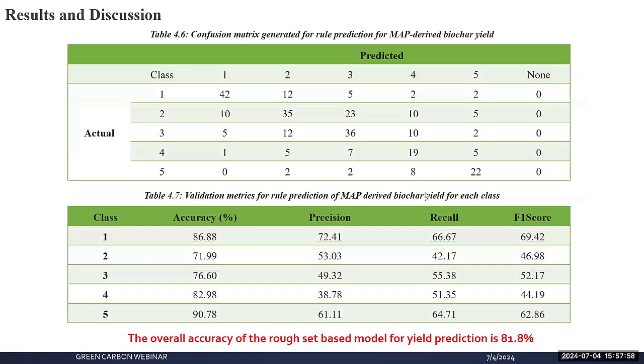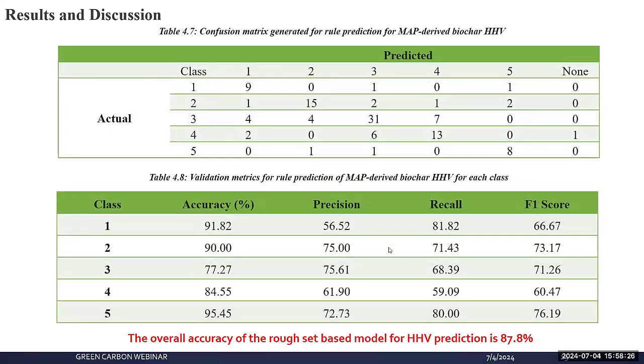And in order to validate this model, we have generated a confusion matrix, which is interpreted using parameters like accuracy, precision, recall, and F1 score. The overall accuracy of the rough-set-based model for predicting the biochar yield is 81.8%, whereas the overall accuracy of the model for predicting the HHV is 87.8%.